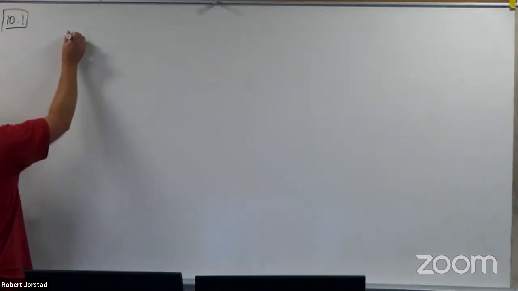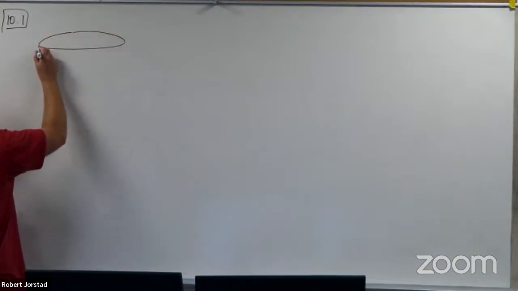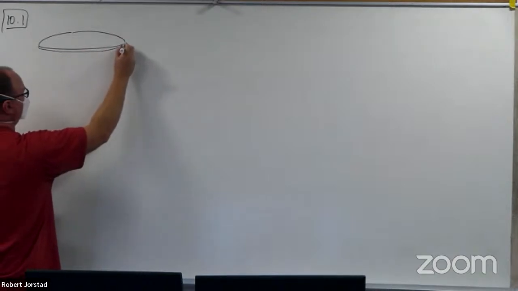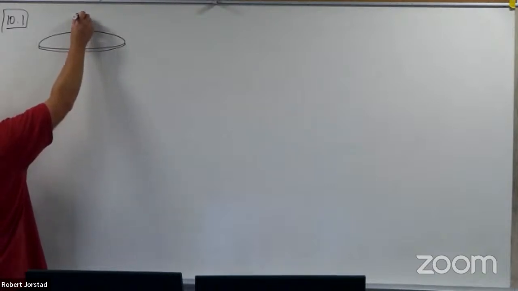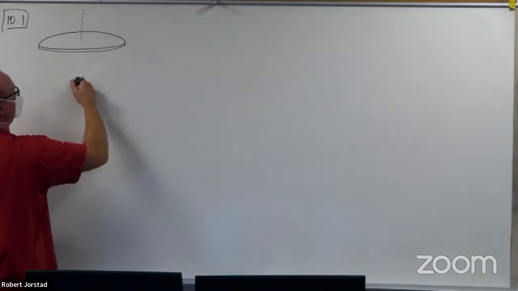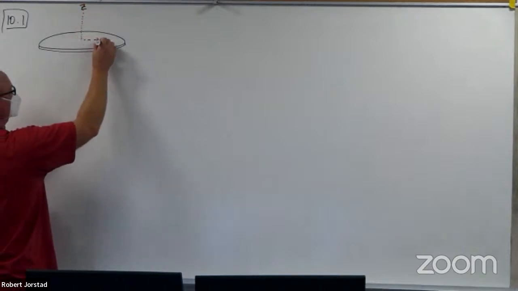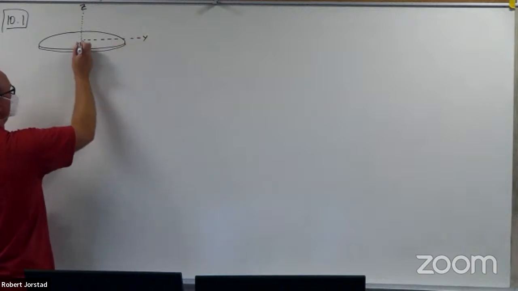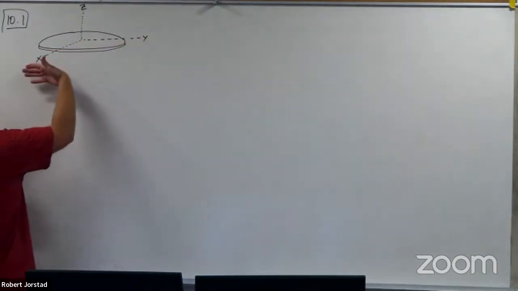Okay, we've got a record player. Most of you probably don't use records. But imagine we've got basically a thin disk, and there's an axis. Let's call this the z-axis. So x goes to y goes to z.